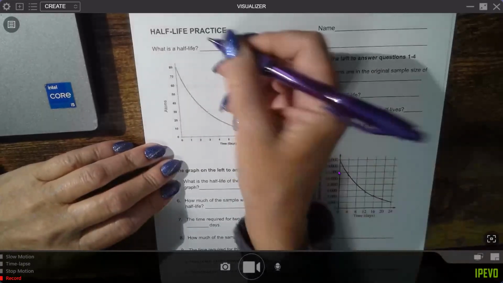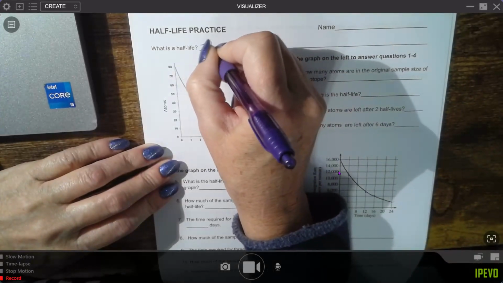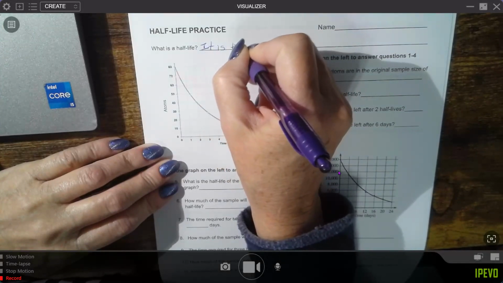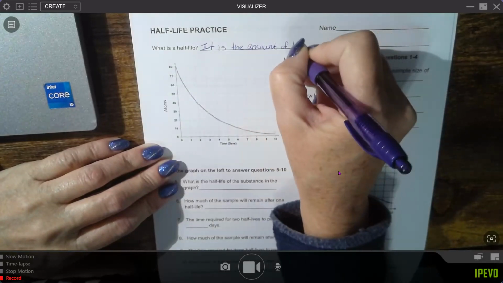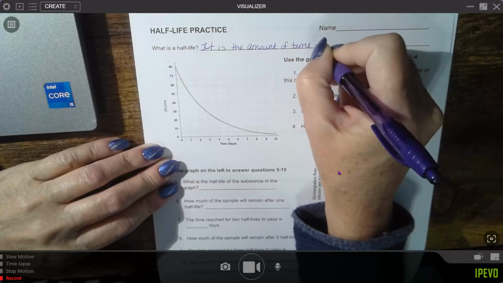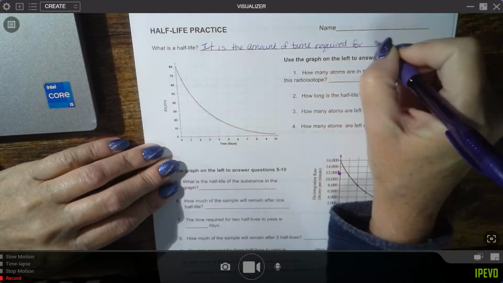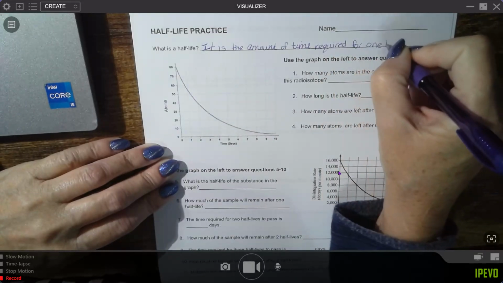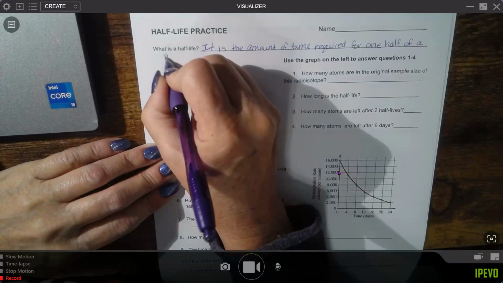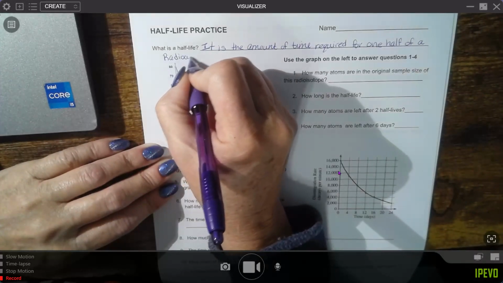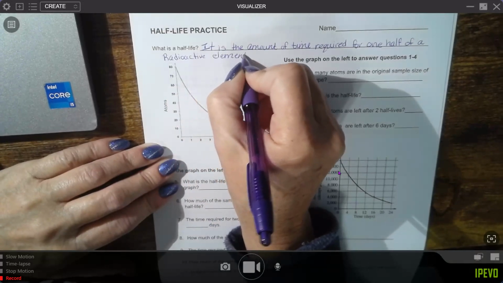So what half-life is, it is the amount of time required for 1/2 of a radioactive element to decay.